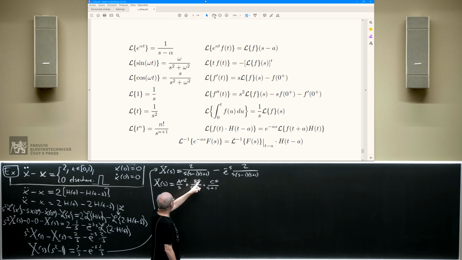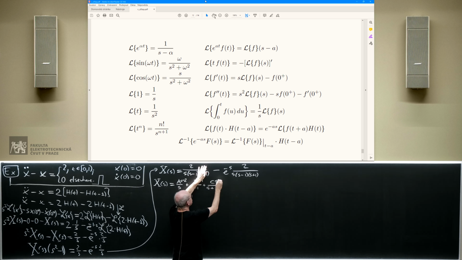To get b, I look at the root, which is 1, and I substitute it here after I cover up the factor. I'm substituting 1, 1, 1, b is 1. Okay. C, the root is negative 1, and I'm substituting it here. Negative 1, negative 2, it's negative 1, negative 1. It's 1 again.